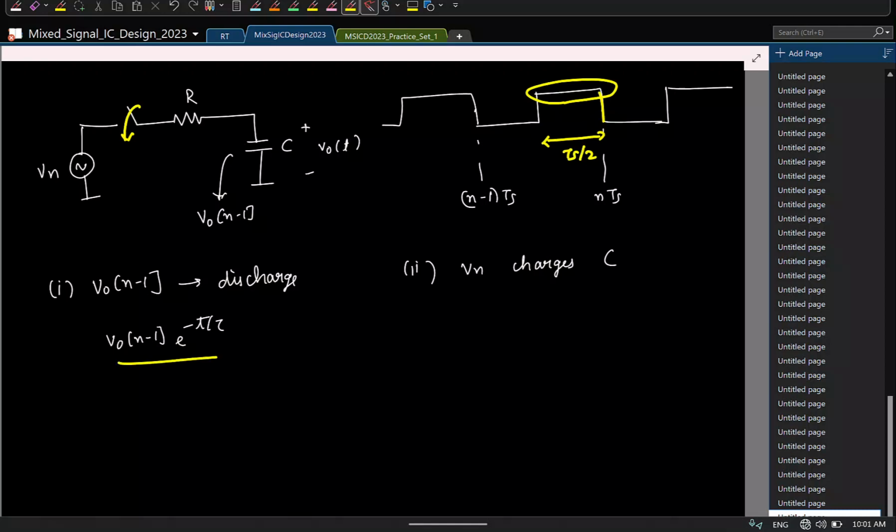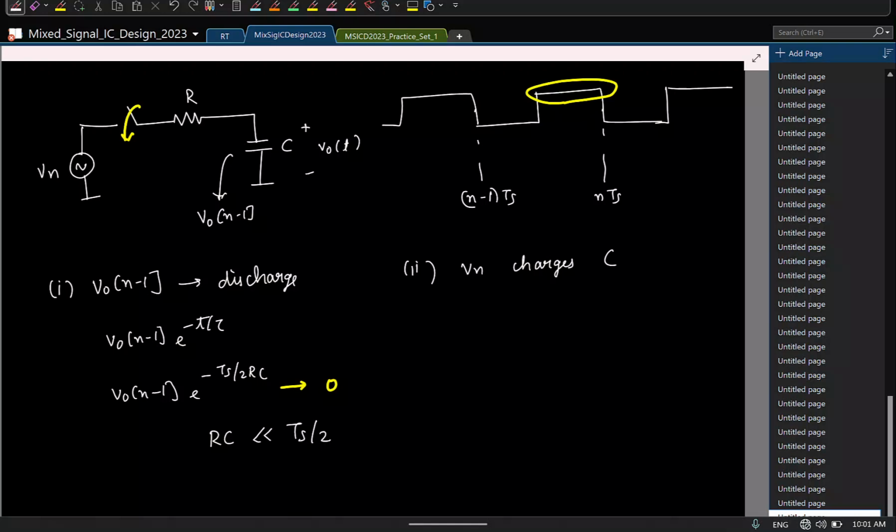So here I'll put the time to be Ts/2. So V0 of n-1. And if you recollect, for a switch, how do you choose the RC with respect to Ts/2? Much smaller. So if this is much smaller, what can you say about this? 0.